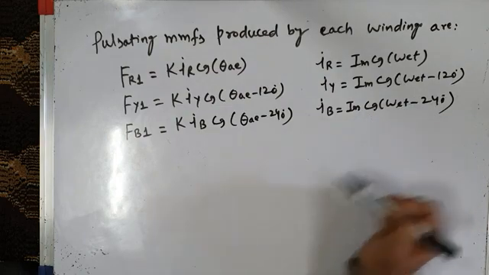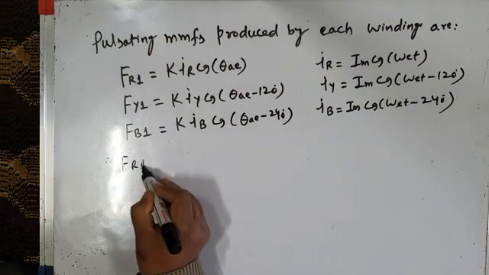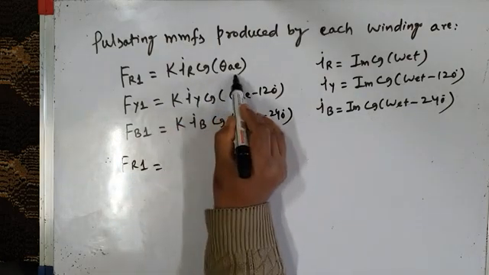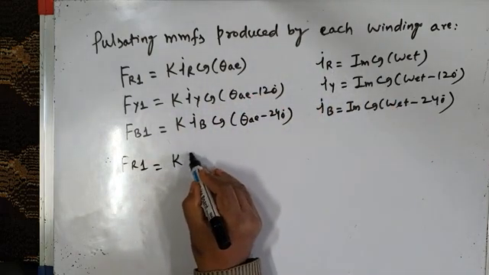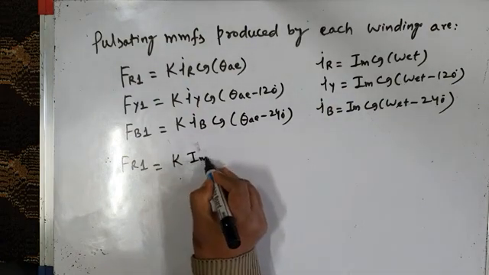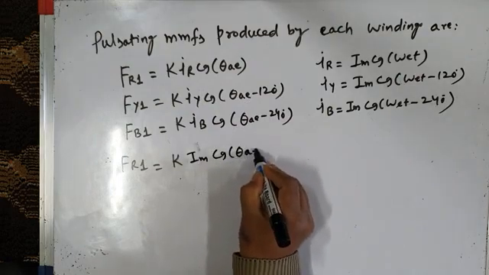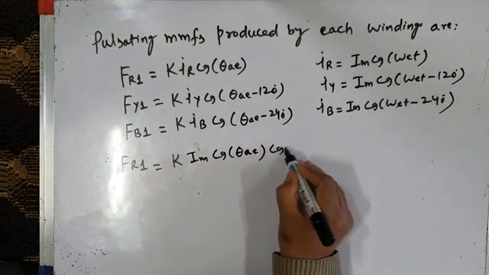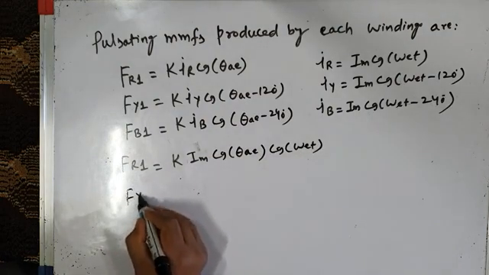So therefore, FR1 is equal to K into IR into cos theta AE. Put IR here. So it is K into IM. Let us write the cos theta AE term first, and then cos omega ET. What about FY1?